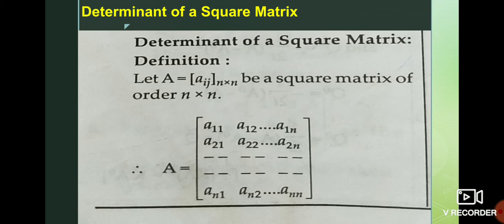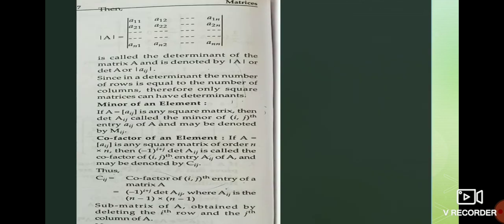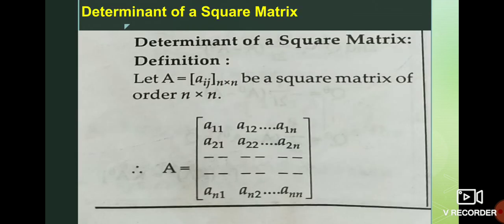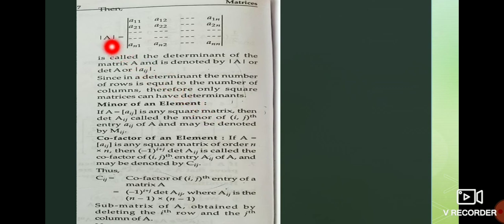This matrix is of order n by n, and the determinant is written with this symbol and is called the determinant of the matrix A.